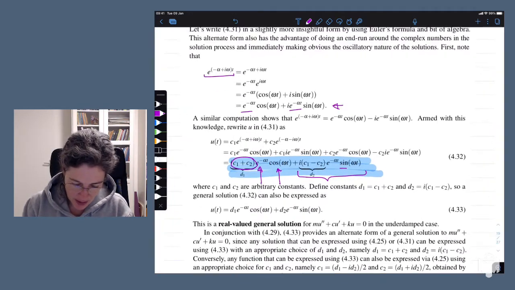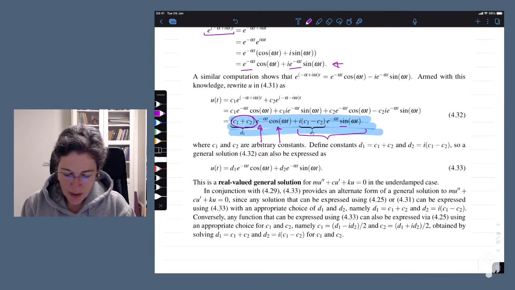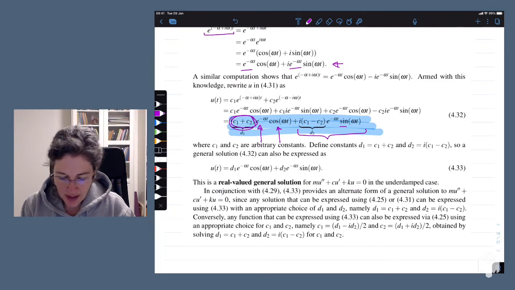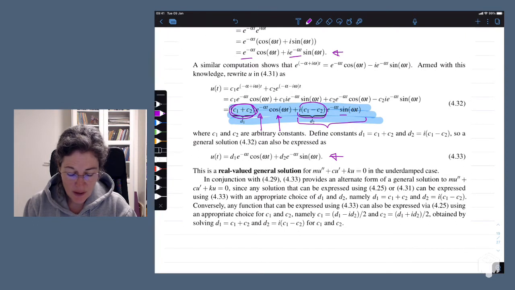And now finally, if we do a final little thing, we're going to define this constant over here, c1 plus c2 as d1, and d2 as this bit over here, then we end up with this solution over here, which now is a lot more intuitive physically to understand.